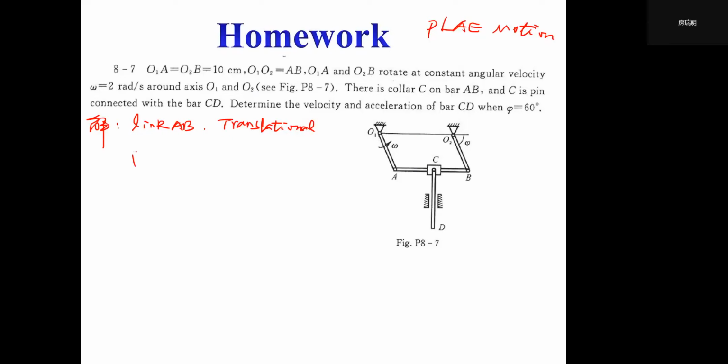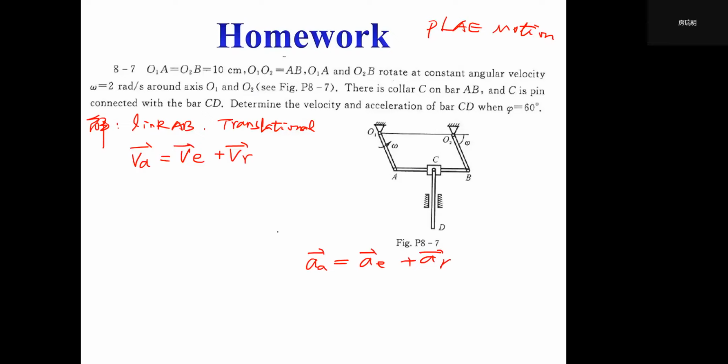Do you guys still remember? We have absolute velocity equal VE plus VR. We also have another one for acceleration: AA equals AE plus AR, right?